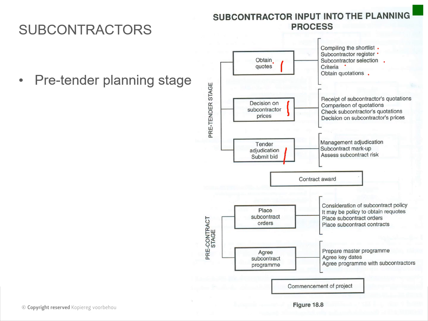So they submit their tender, and then the tender evaluation is done, and if they get awarded, they place the subcontractors' orders, and then they agree on a contract program and commence with the project. Okay, so it's very similar, the same motions that the main contractor goes through, the subcontractors go through.